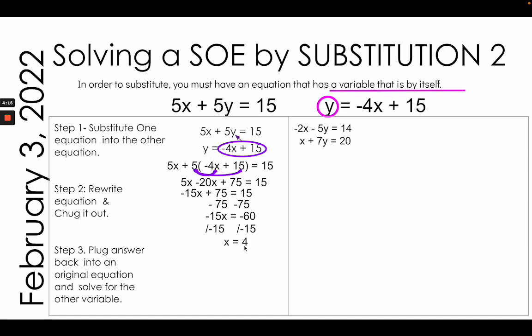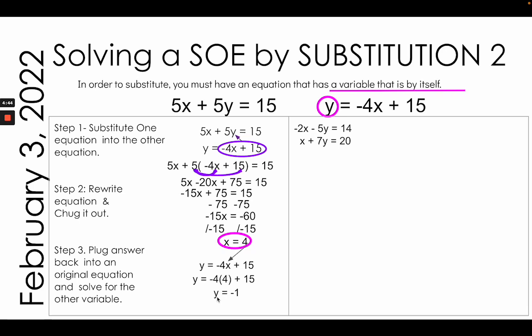And I'm going to take my 4 and plug it into that x. I end up with y equals negative 4 times 4 plus 15. Simplify it to y equals negative 16 plus 15. Negative 16 plus 15 is negative 1. Now I have my answers: x equals 4, y equals negative 1.